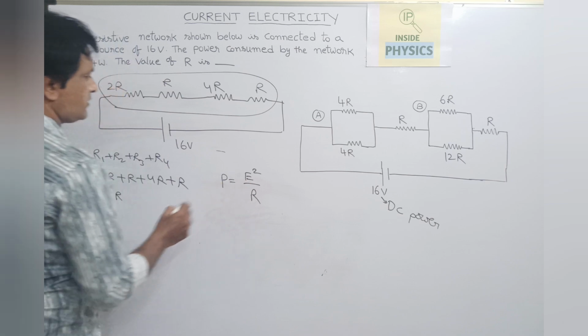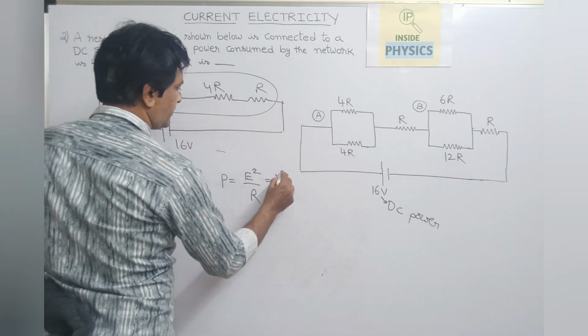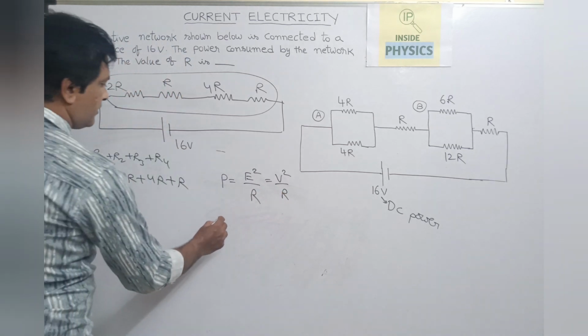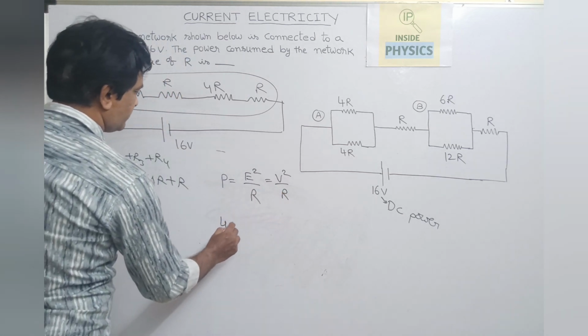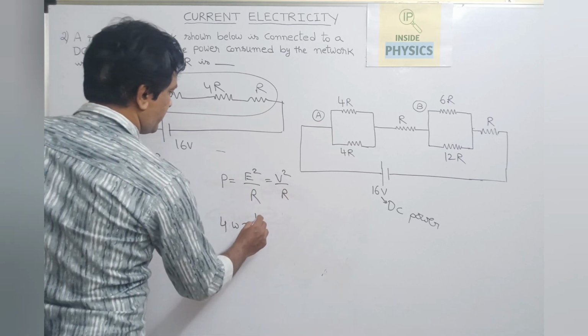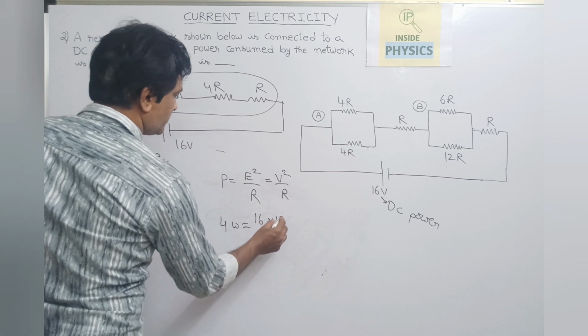You can write it as E square by R, or sometimes V square by R. So what is the power? 4 watts. This is equal to the voltage supply 16, that means V square, 16 into 16.